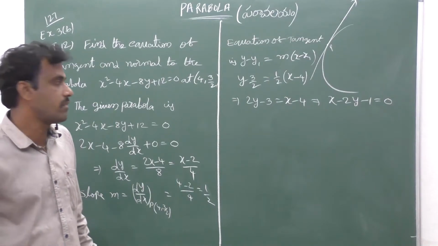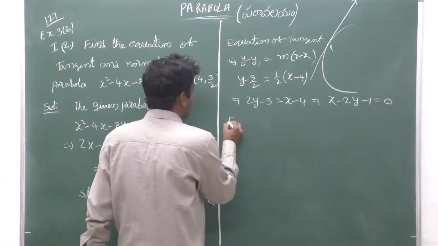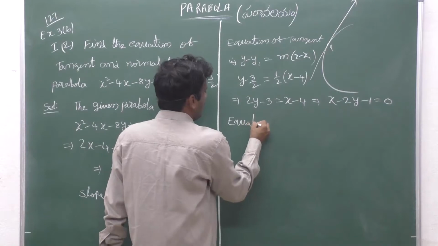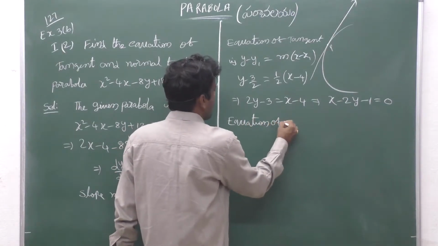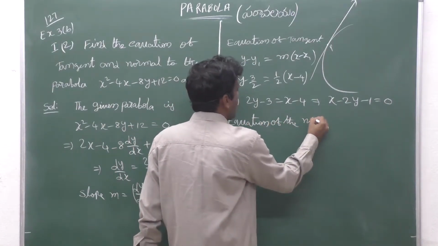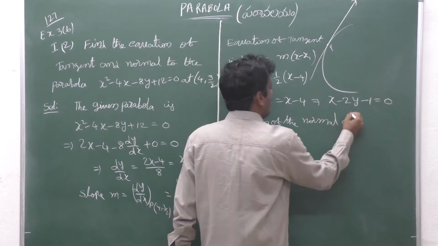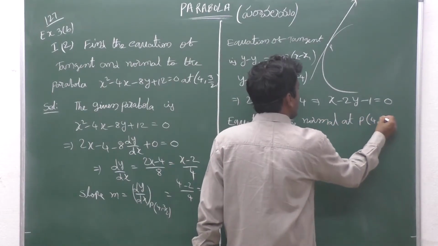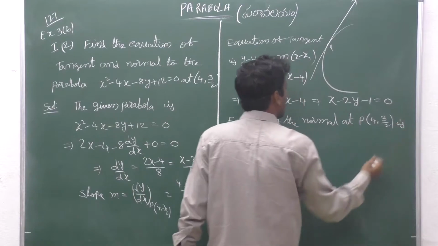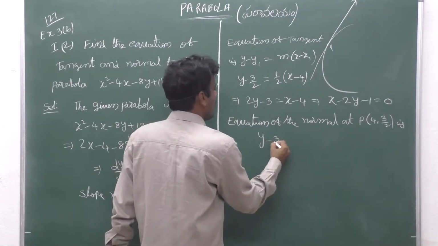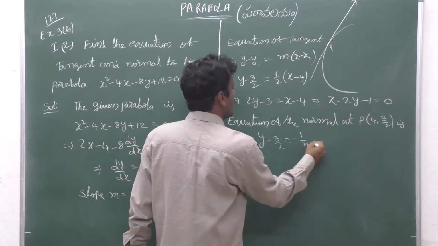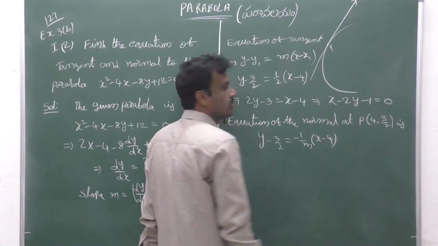Next, equation of the normal. Normal means perpendicular slope. Equation of the normal at P 4 comma 3 by 2 is y minus y1 equal to minus 1 by m into x minus x1.